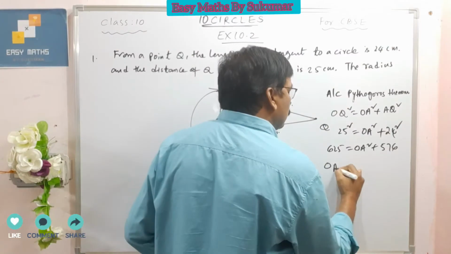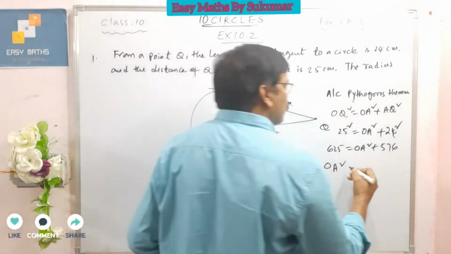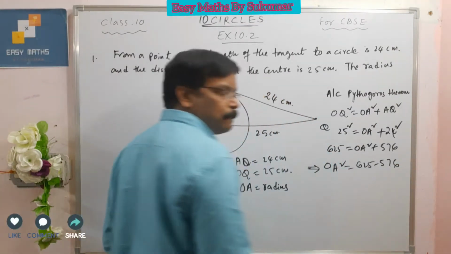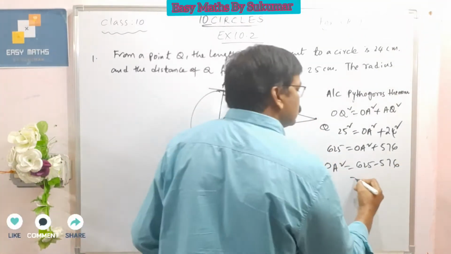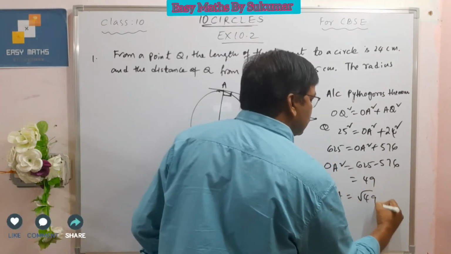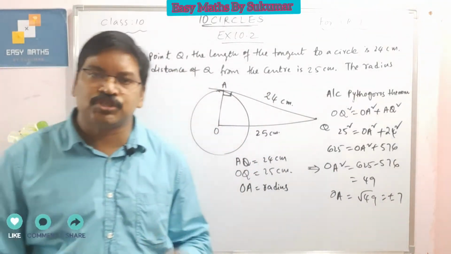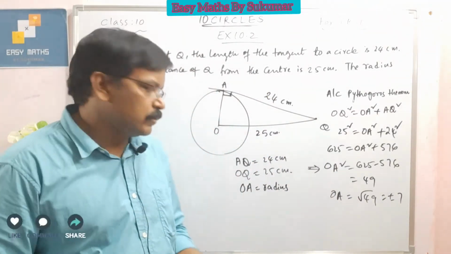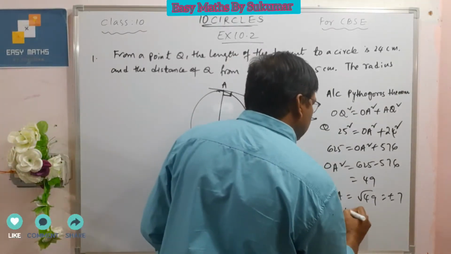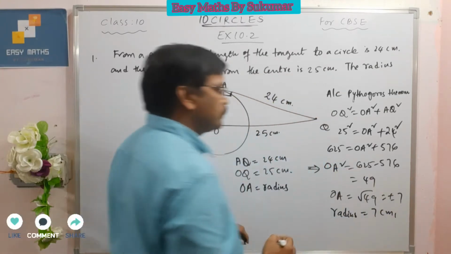Making OA the subject, OA square is equal to 625 minus 576, which is 49. So OA is equal to square root of 49, that is plus or minus 7, but we take only the positive value of the radius. That means the radius is equal to 7 centimeters.